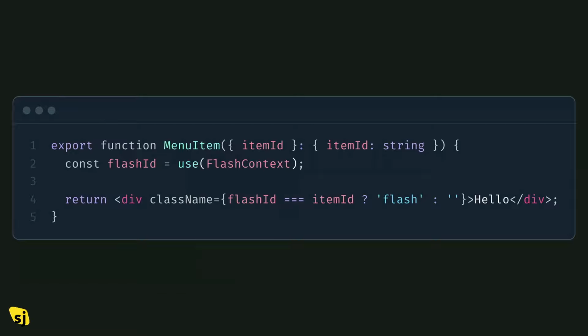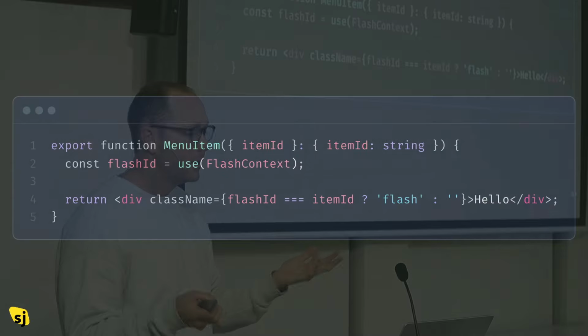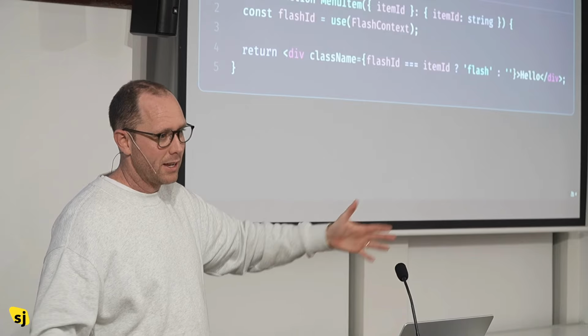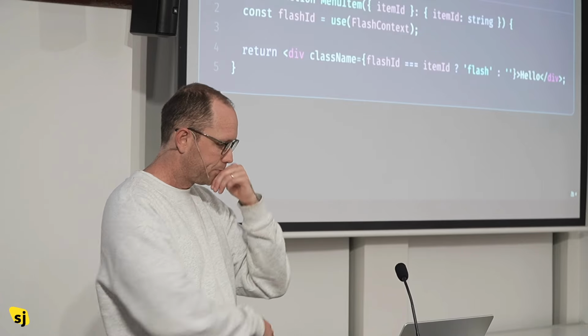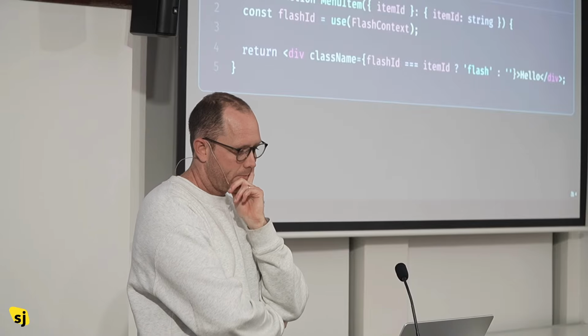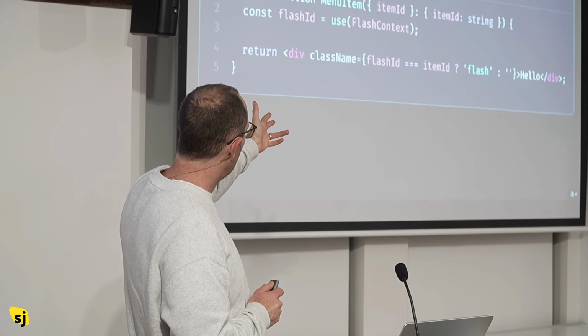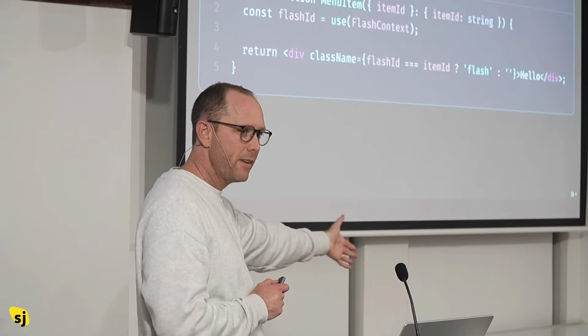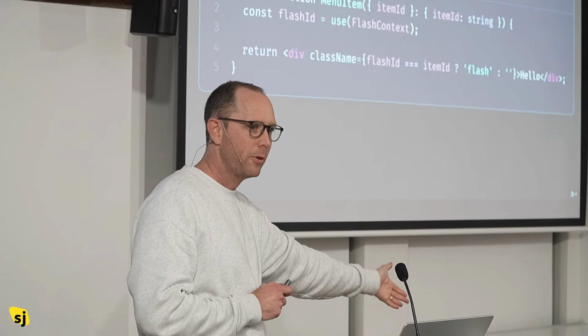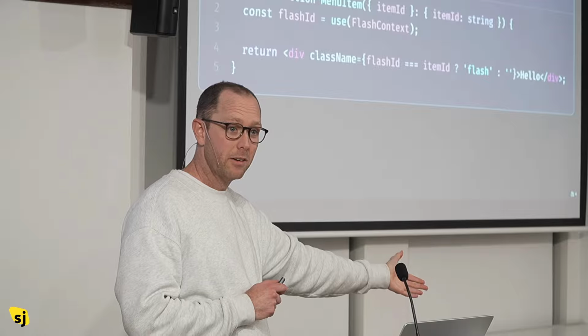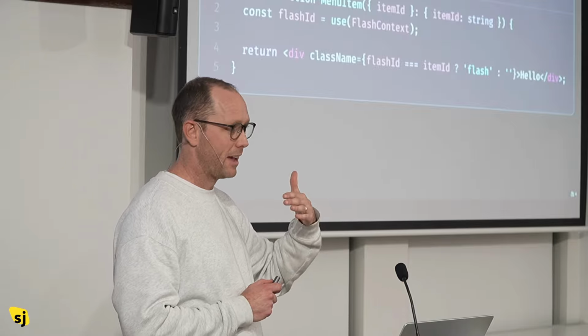Now, this has a few problems. Firstly, every time you update that ID, basically anything listening to this context has to re-render to get that new value. Not ideal if you have lots of these things. It can be pretty expensive to do it like that. That's one thing. But also, do we render with this value and then render again with a null value to clear it? Effectively we have to do two renders.